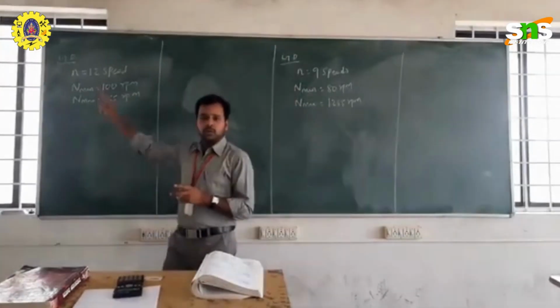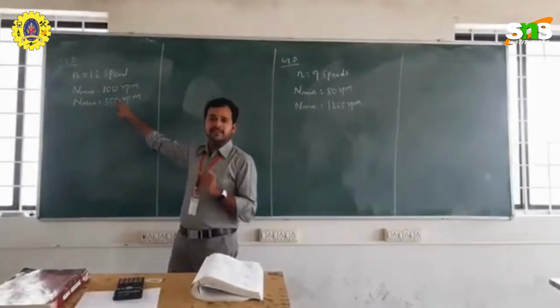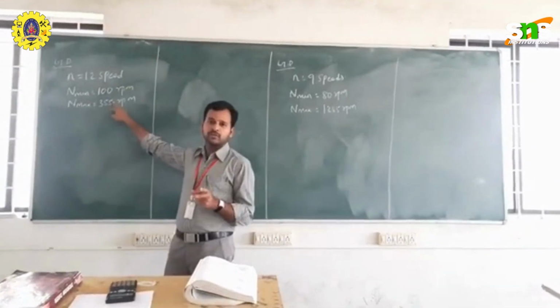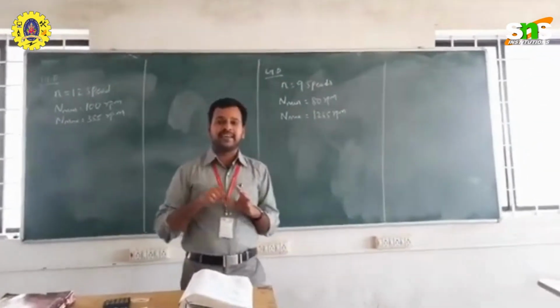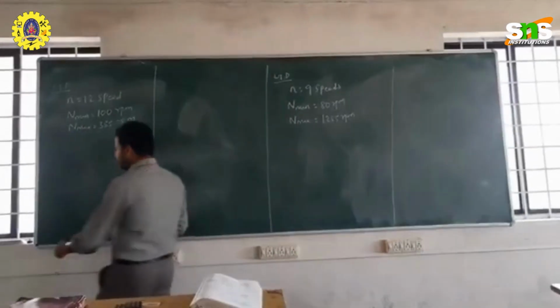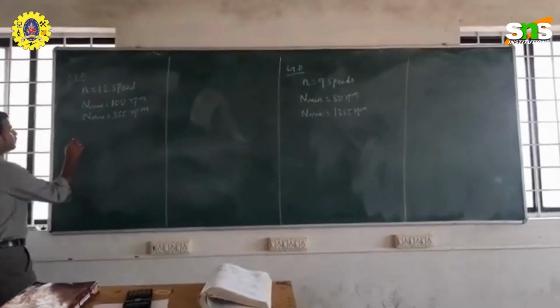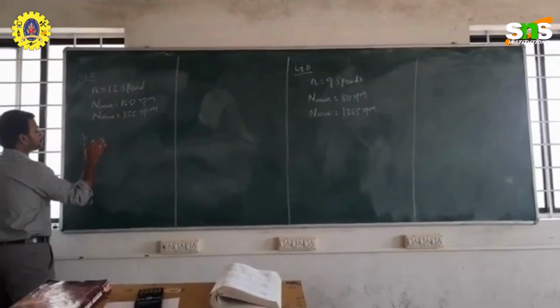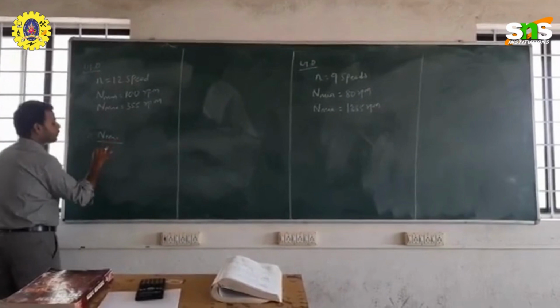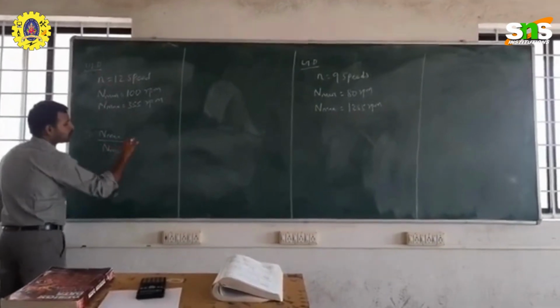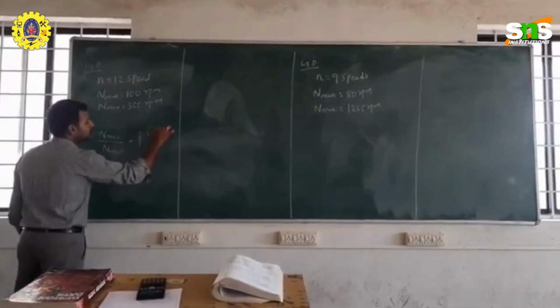The ratio between two adjacent speeds is called the step ratio or progression ratio. It is denoted by psi. So first we want to calculate psi. The formula is n maximum divided by n minimum equals psi to the power n minus 1.